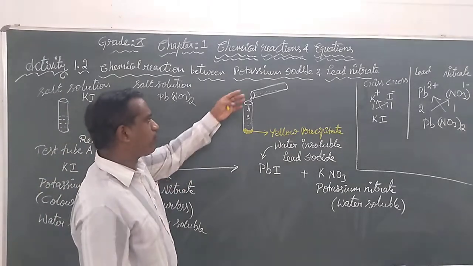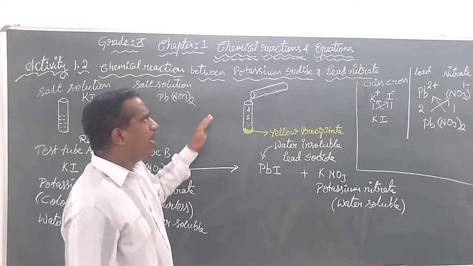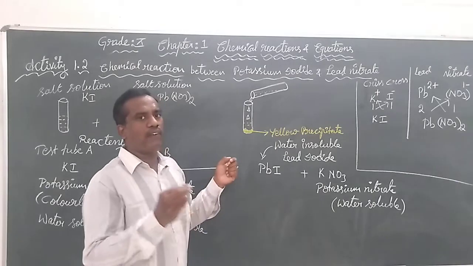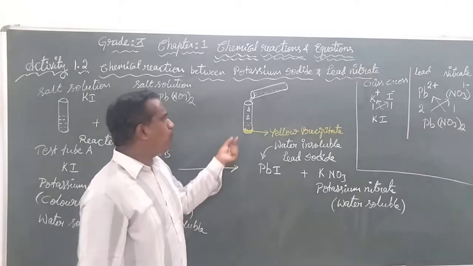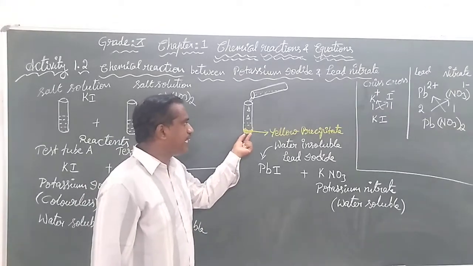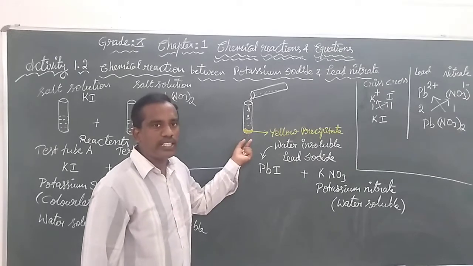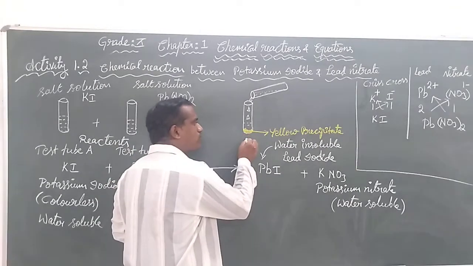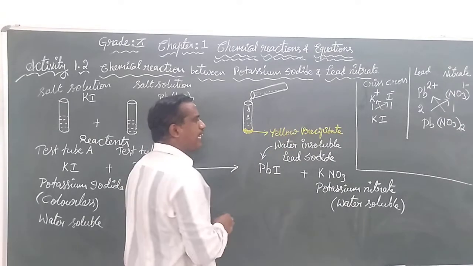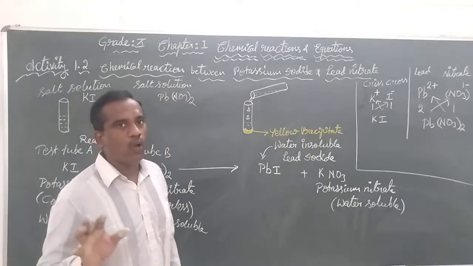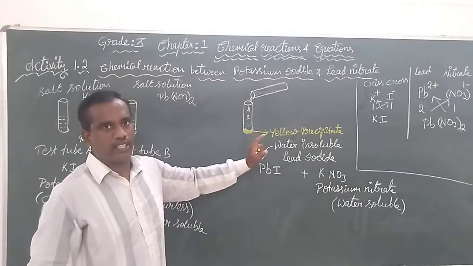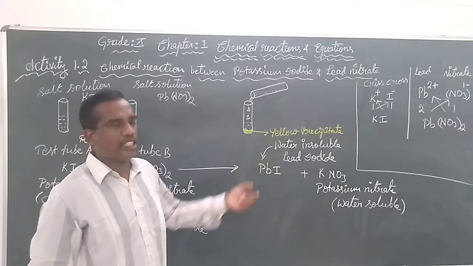When we add potassium iodide to lead nitrate, we can find two types of layers here. One compound settles at the bottom of the test tube. The compound that settles at the bottom appears in yellow color and we call it the yellow precipitate.